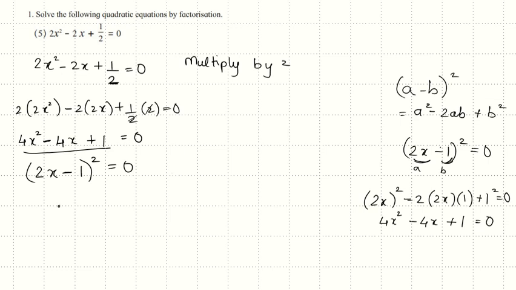Okay, therefore 2x minus 1 is equal to 0. Therefore 2x is equal to 1. Therefore x is equal to 1 upon 2.